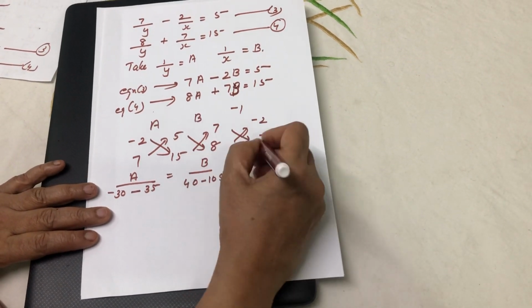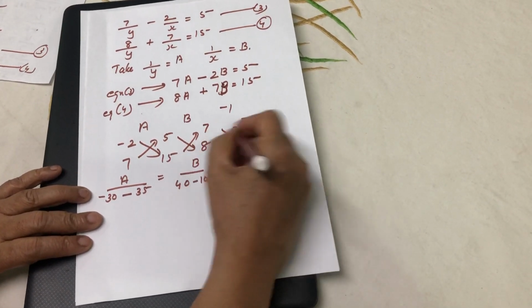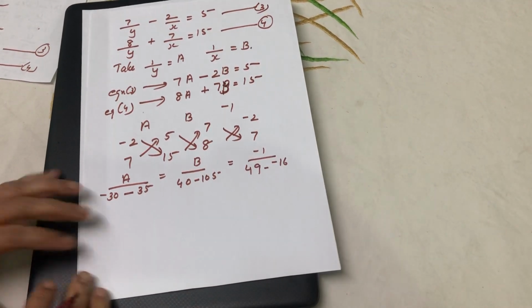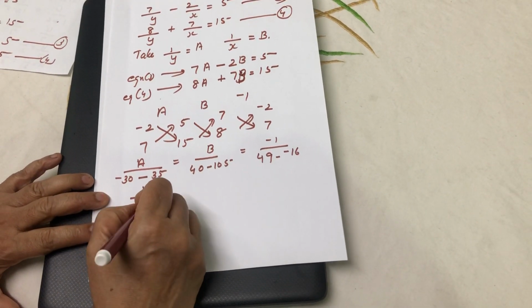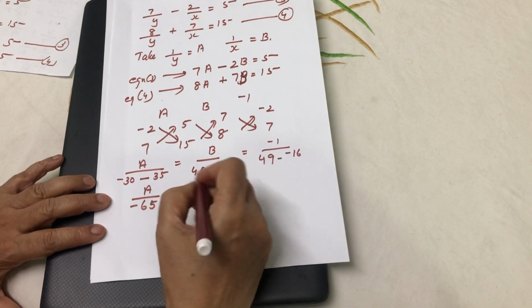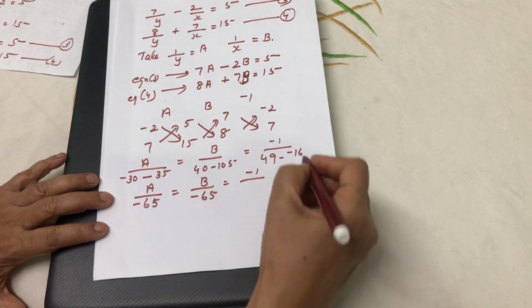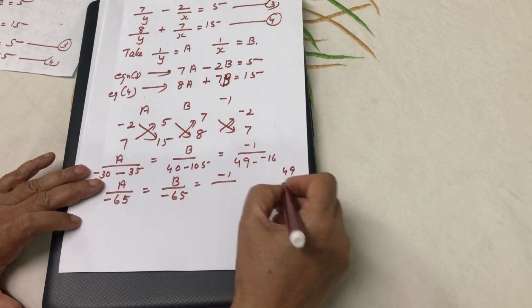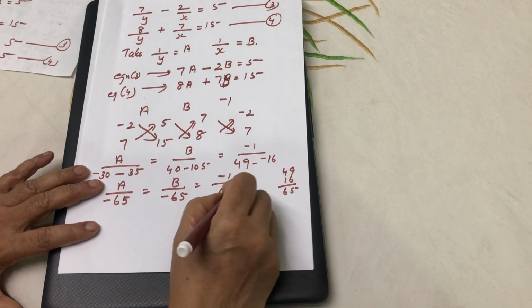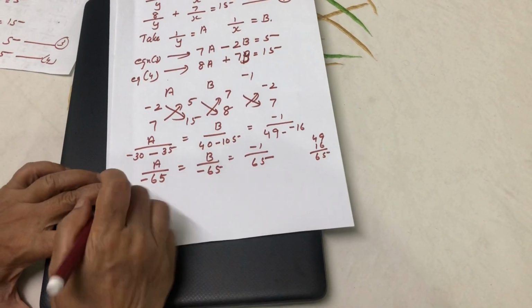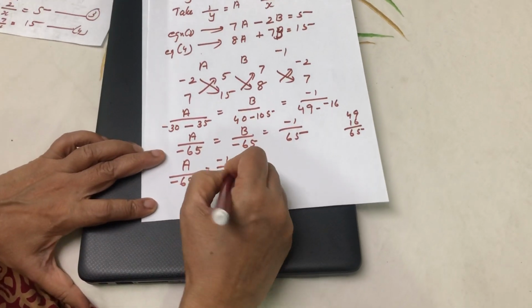Minus 1 by 49, 7 sevens are 49, minus 16, so it is plus 65, minus 1 by 65. So A by minus 65 is minus 1 by 65.